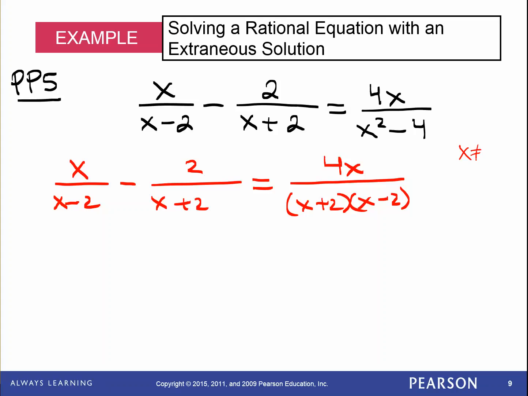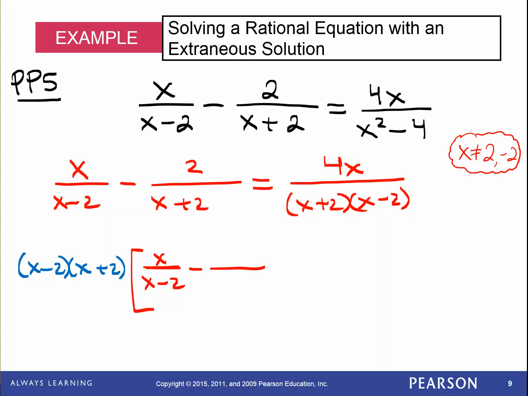So x cannot equal 2 and negative 2, are we okay with that? And I think the least common denominator is pretty easy to get, right? x plus 2 times x minus 2. And that's going to multiply the whole entire left side as well as the whole entire right side.